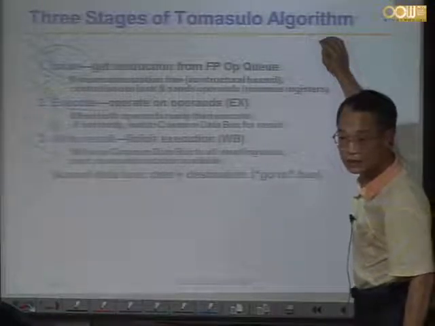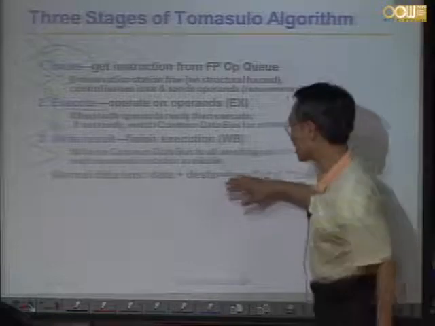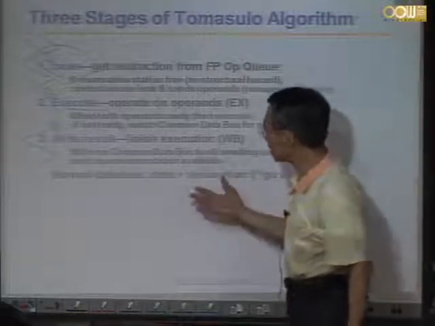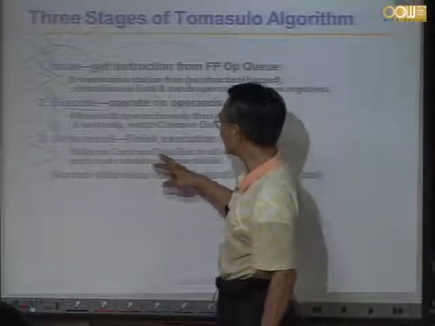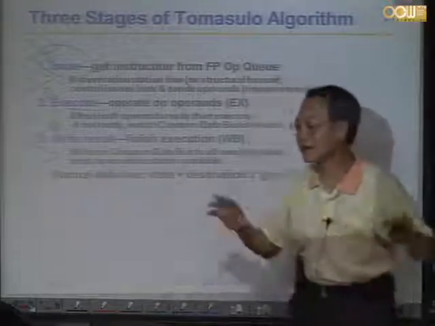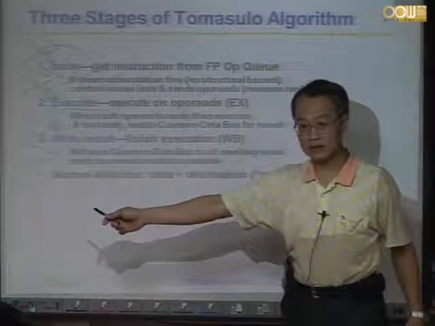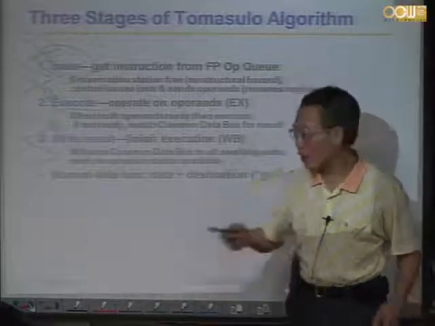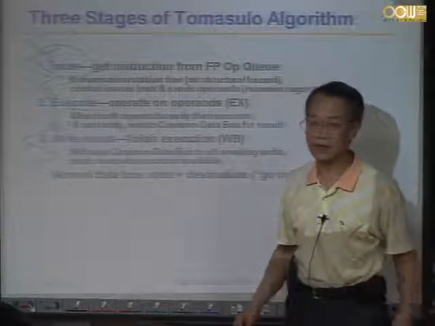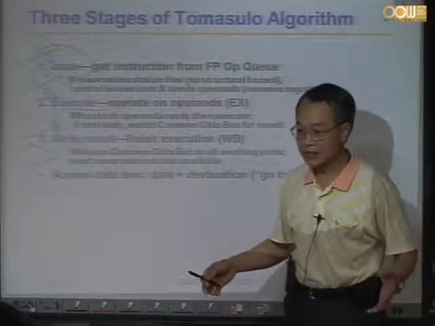So what I do is simply broadcast. Therefore, the common data bus simply broadcasts who I am and what the value is. It no longer says where I want to go.